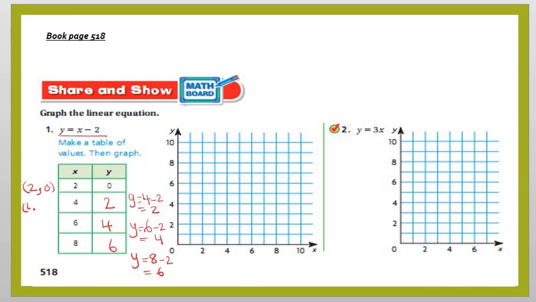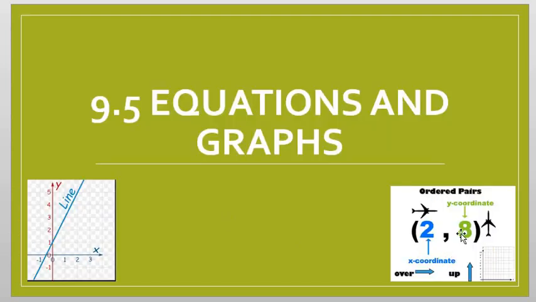Here (4, 2). (6, 4). (8, 6). Okay, let's graph on my coordinate plane. How can I graph these points? Let's look here at this picture. It tells you what?